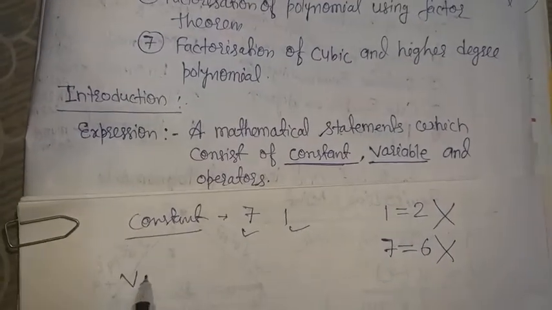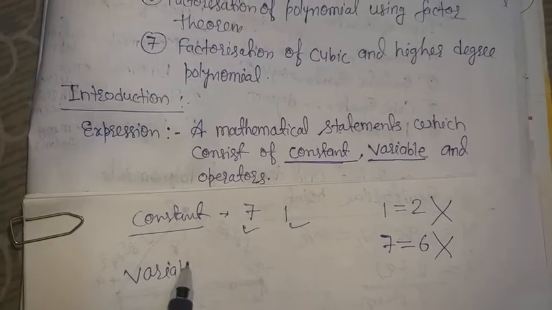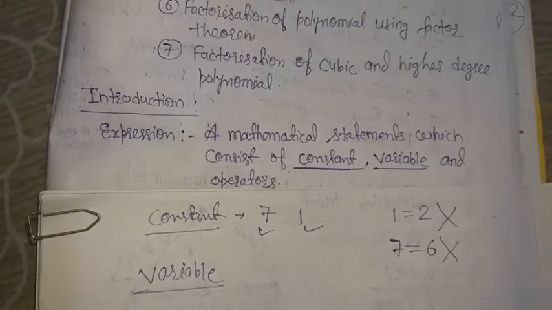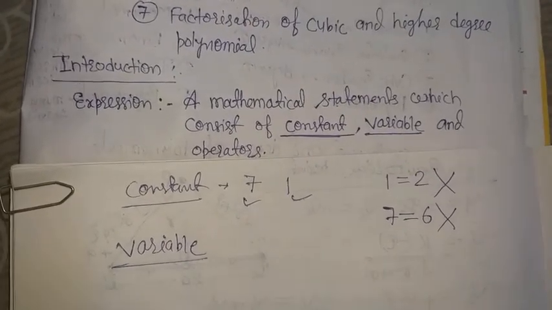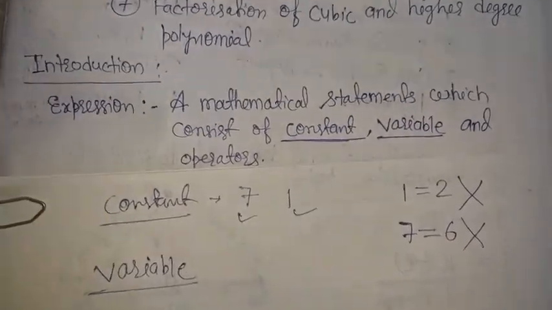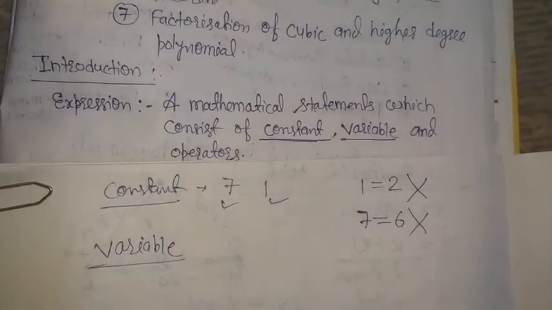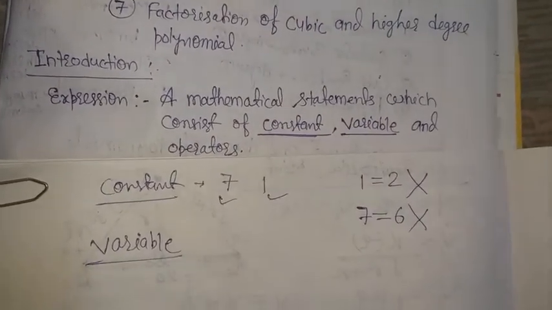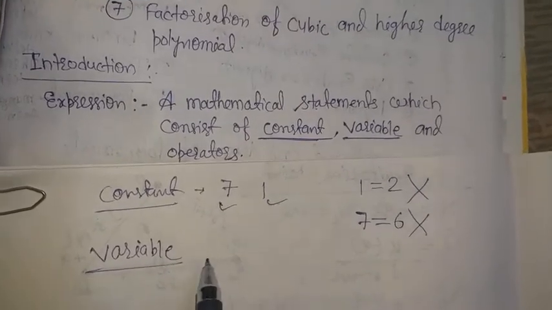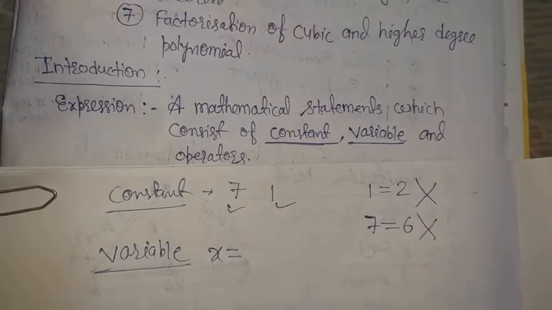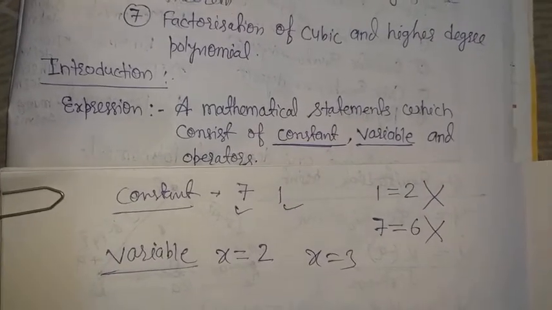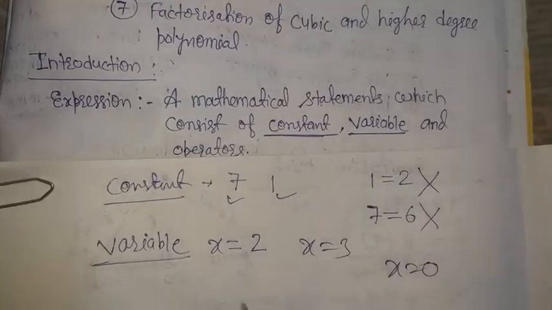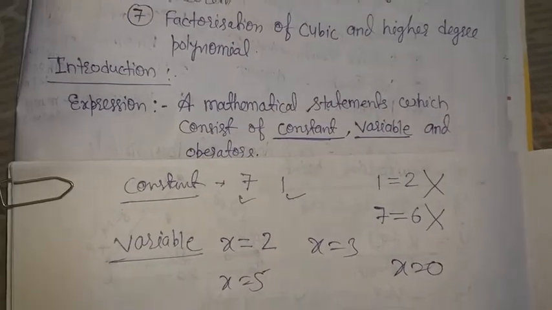And variable. What is variable? Variables are those quantities whose value will change, whose value is not fixed. As for example, x may be equal to 2, x may be equal to 3, x may be equal to 0, x may be equal to 5.